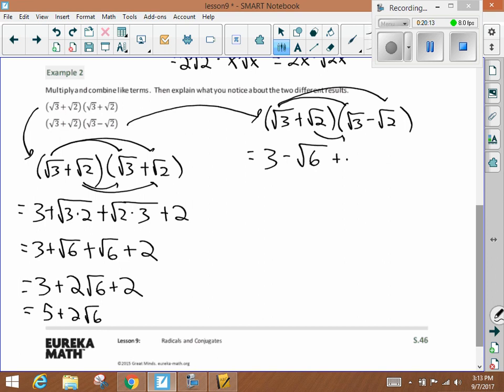This one's going to be positive root 6. This one is negative 2. Hey, what is negative root 6 minus root 6? 0.